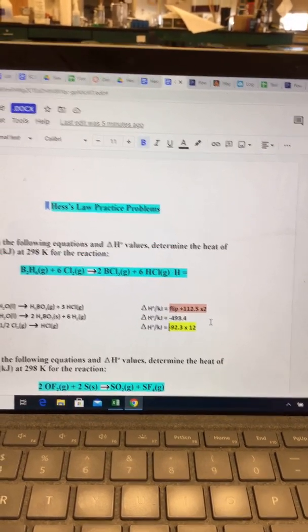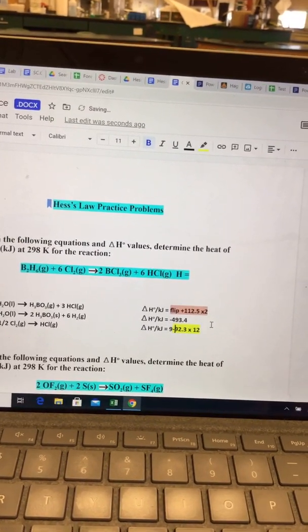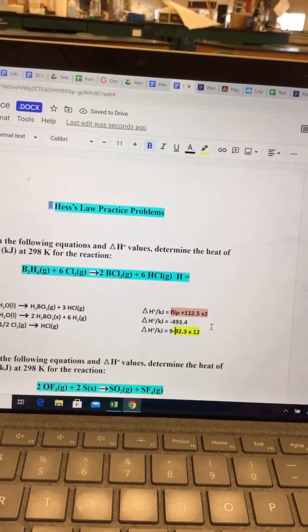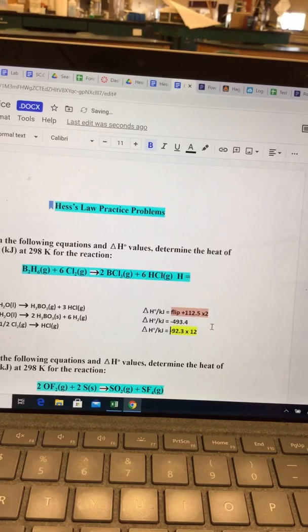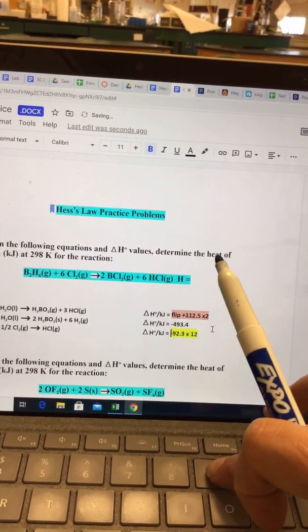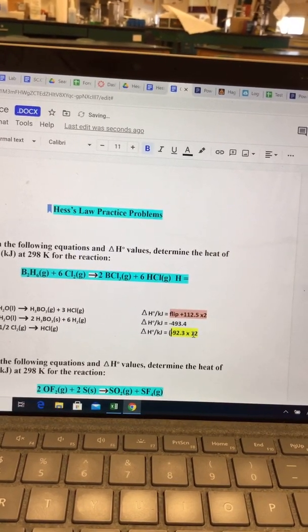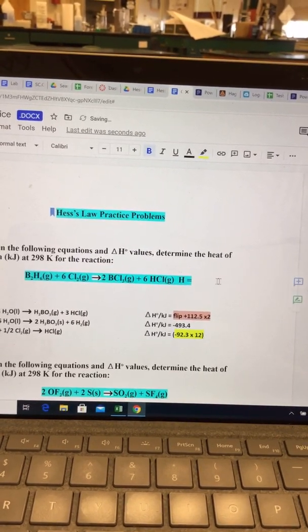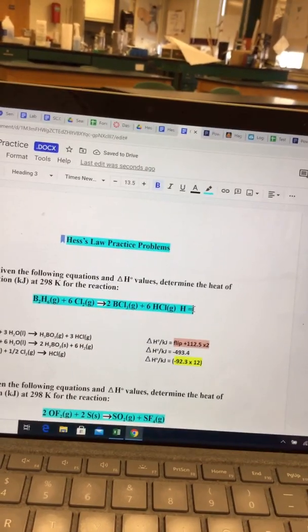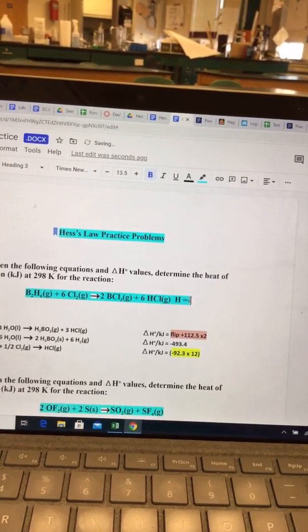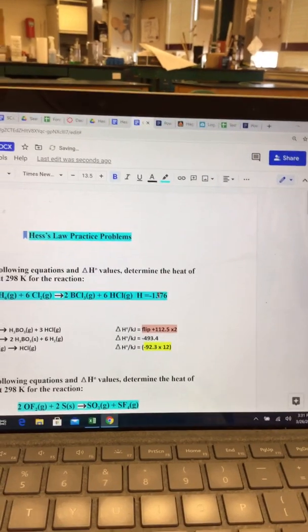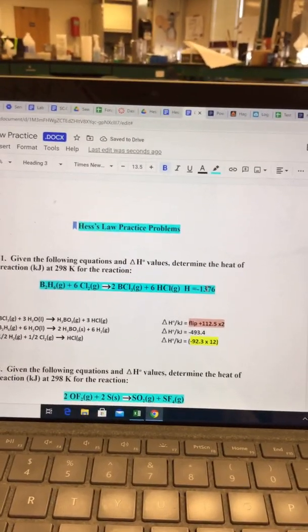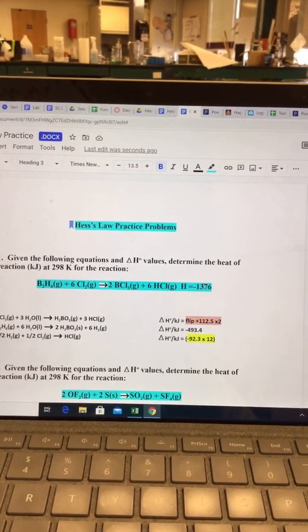Please put parentheses around these as you do it in your calculator. That's not supposed to be a 9. I was supposed to hit parenthesis. Boom, put a parenthesis. When you get this whole thing done, you should get a negative 1376. That's your final answer for number 1.